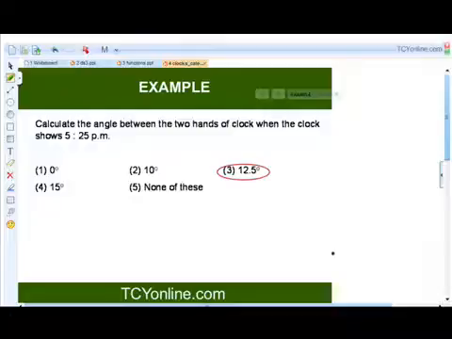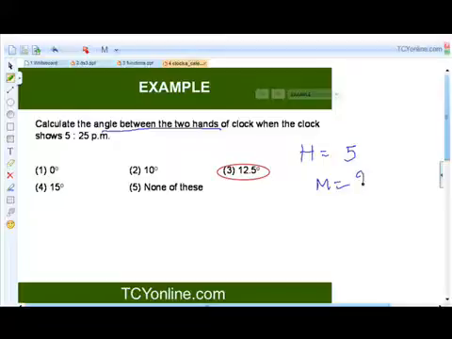Now here is an example based upon the previous formula. Calculate the angle between the two hands of a clock when the clock shows 5:25 p.m. Over here we know that h is 5 and m is 25.